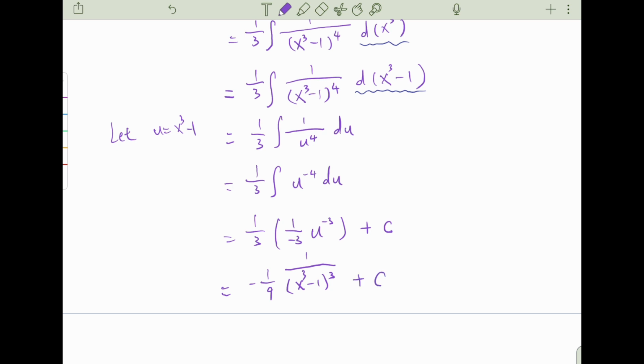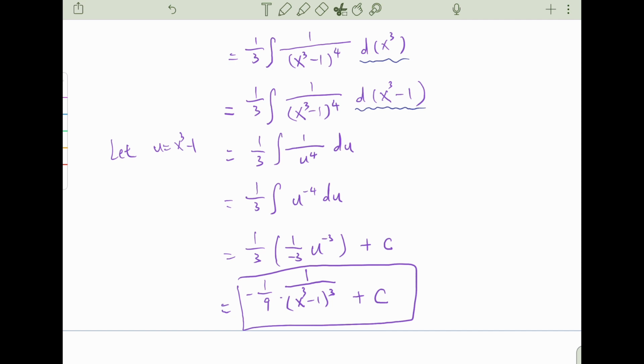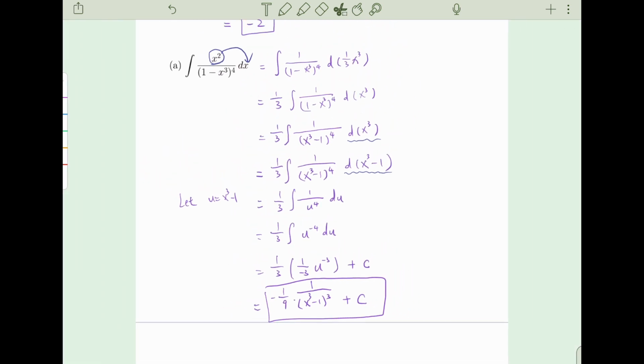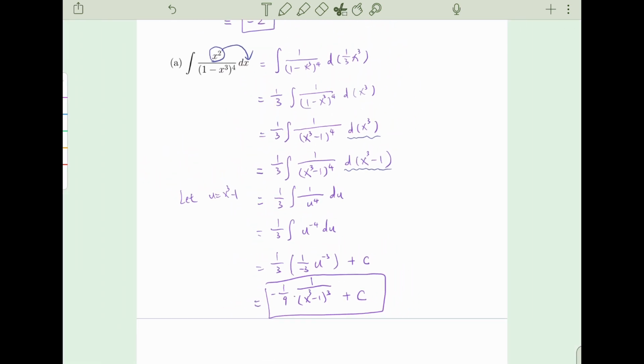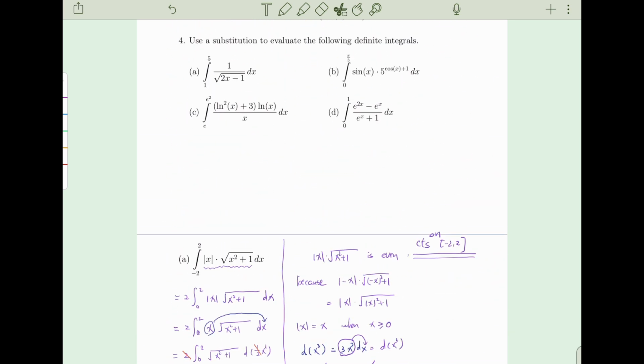Plus c. This is the final answer. Okay, so that is our question 3a by using the substitution. Now let's take a look at question B.